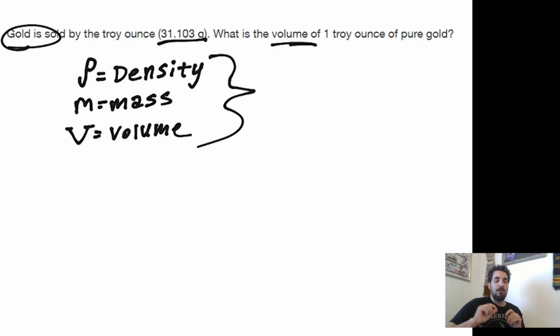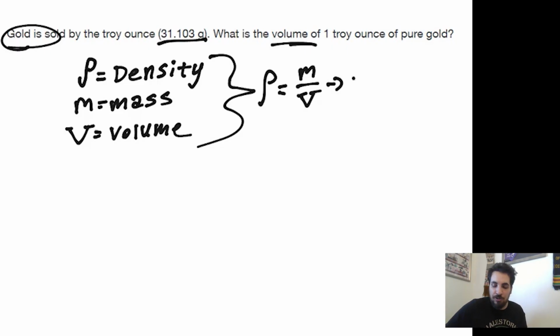So that's how I will denote volume instead of velocity. And the definition of our density is mass divided by volume. Now here it's asking us for volume, so we need to algebraically rearrange this to give volume is mass divided by density.